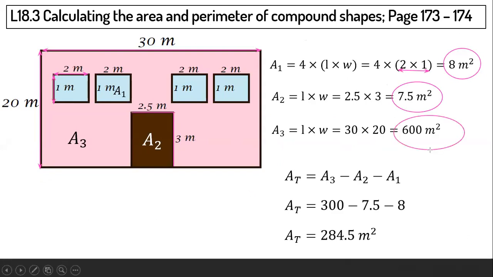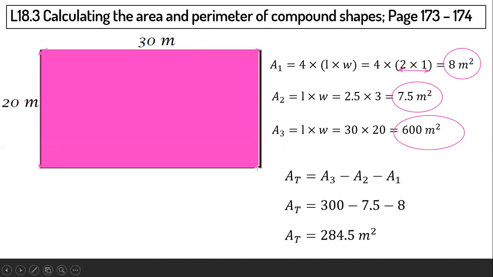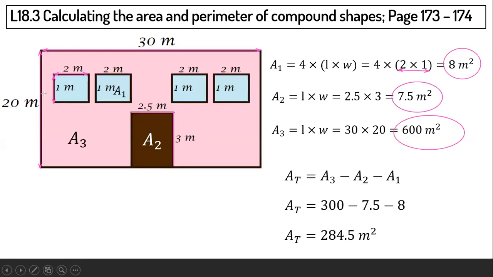Right now, if I want to find the total area, remember what did I say? That you have a big area, this one, the big one, which is area 3. You need to take from it how many pieces? 5 pieces, which are what? The 4 windows and the door. The 4 windows together are 8, and the door alone is 7.5.